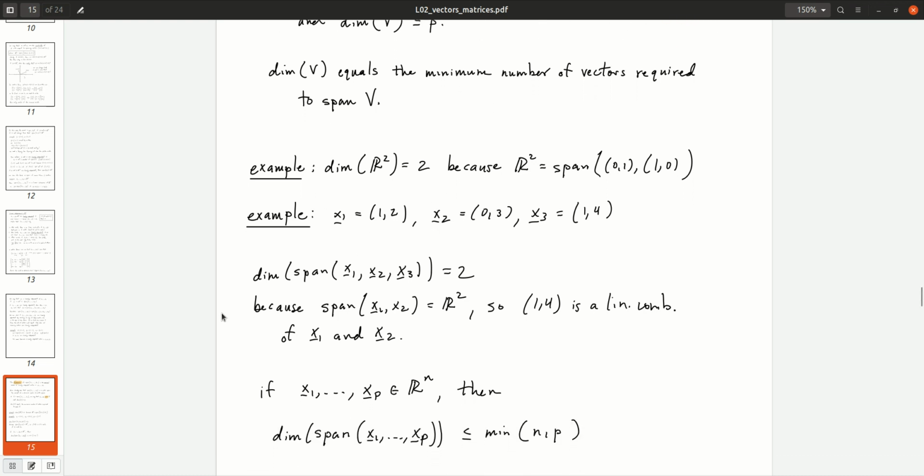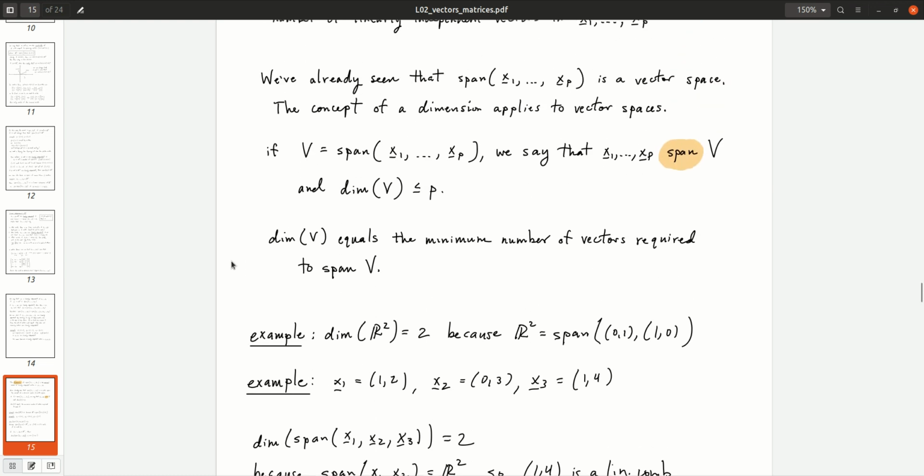Now another fact here is that if we have a collection of p vectors of length n, so x1 to xp are in Rn, then the dimension of the span of those vectors has to be less than or equal to the minimum of n, which is the length of the vectors, and p, which is the number of vectors in this set. We've already seen why the dimension has to be less than or equal to p.